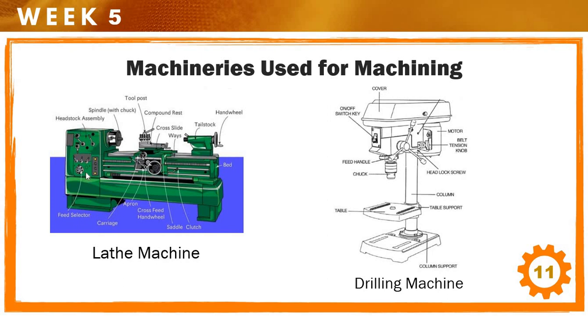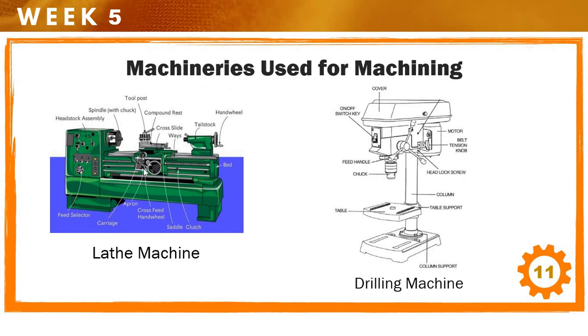Then this is the feed selector. It's another part of the lathe machine that is used in selecting different options for holding the tools. This is the carriage wherein the workpiece will be laid on.